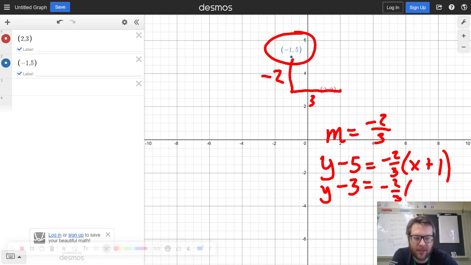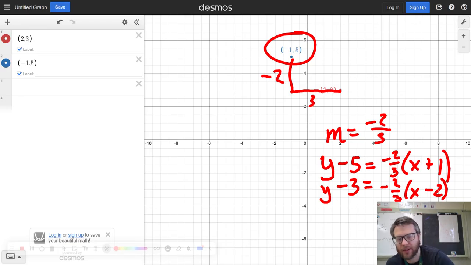Just distribute it out, and you'll see that those 2 equations are actually equivalent. You could have also solved for b and figured out that the b value is 4 1/3. So this is our old way of doing things.